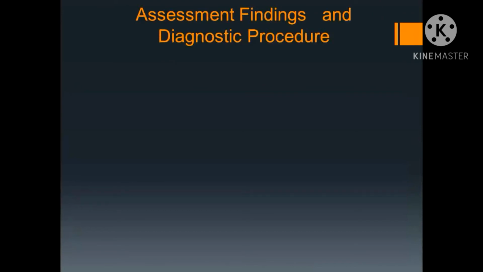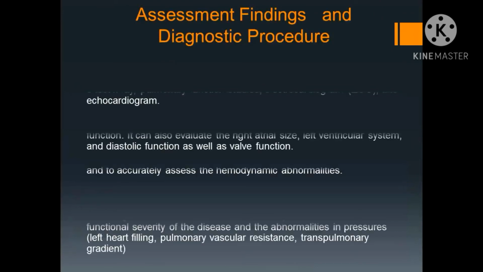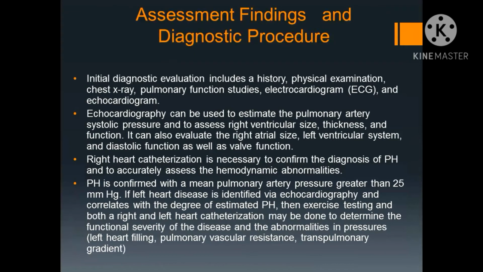Assessment findings and diagnostic procedure. Initial diagnostic evaluation includes a history, physical examination, chest X-ray, pulmonary function studies, electrocardiogram, and echocardiogram. Echocardiography can be used to estimate the pulmonary artery systolic pressure and to assess right ventricular size, thickness, and function.